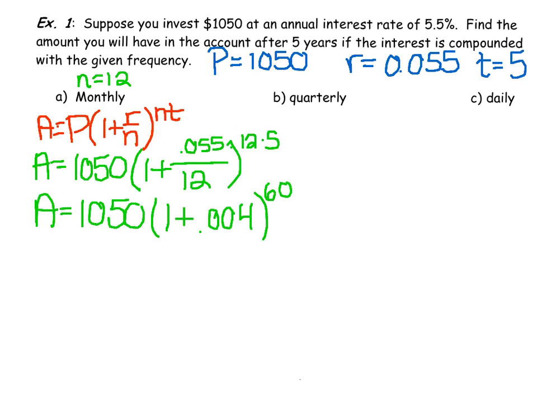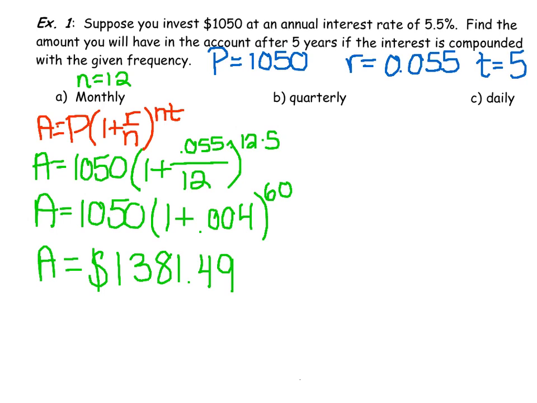My advice would be to take your graphing calculator and do this all at once. Make sure you use correct parentheses, but you can just plug it in, and you should get, in the end, now remember we're talking about dollars, $1,381.49.